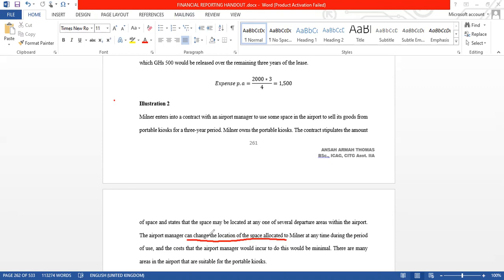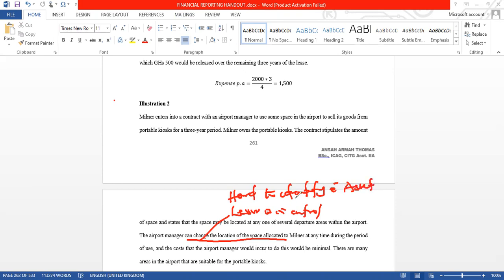And this means that the lessor is actually in control since he has influence on the location. Because we really don't know where the kiosk is situated, the location that has been granted to Miller as a lease, it is very hard to identify the asset.